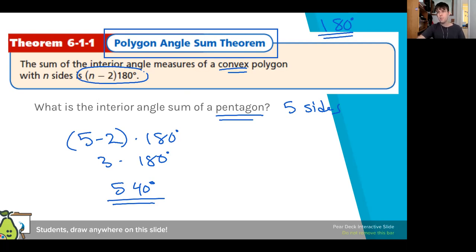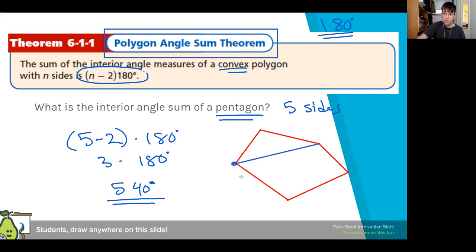But why? Okay, here's the reason. I'm not going to get into the depths of this, but let's just draw some random pentagon. And here's a random pentagon. It's not regular, it's just random. It has to do with the fact that every shape can, from a single vertex, be divided into triangles strategically by drawing some diagonals.